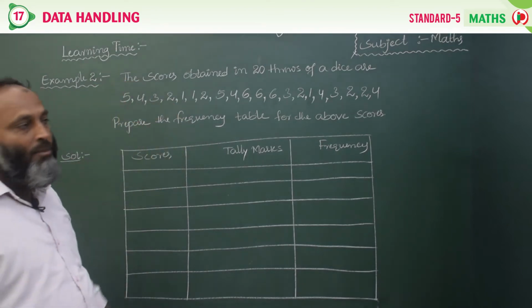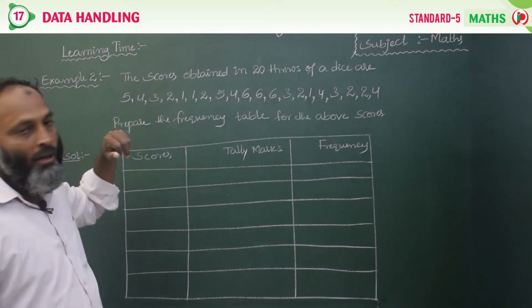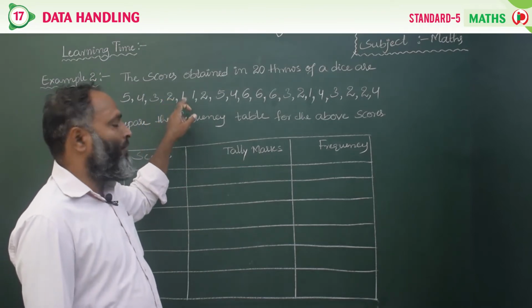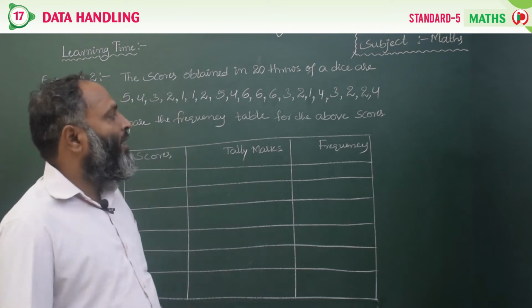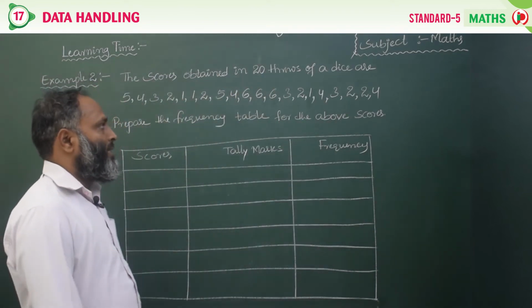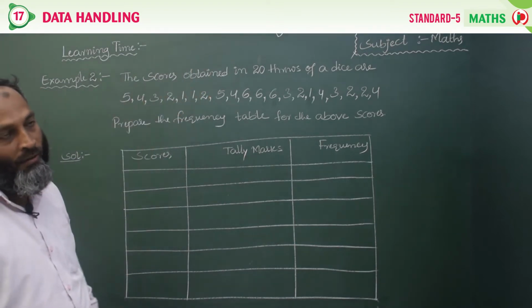In 20 throws, the first time 5 came up, the second time 4, the third time 3, the fourth time 2, the fifth time 1, and in the same way, total 20 times. If a die is thrown 20 times, all the scores are given.